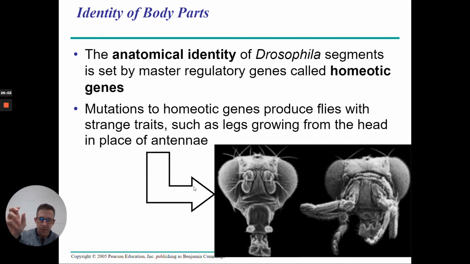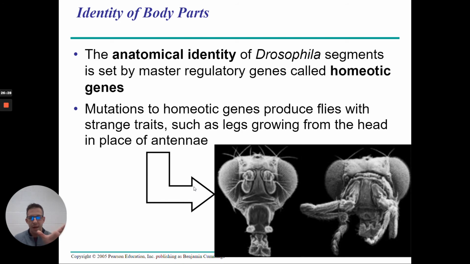So eyes are going to form here, and antennae are going to form in this specific spot, and the mouth gets put in this specific spot. And then we look at the thorax. In the thorax we've got legs, and we've got wings. We want to make sure that the leg genes are turned on. We're going to use some homeotic genes to make sure that the legs get turned on in a very specific spot, and then the wings get turned on in a very specific spot up here too.